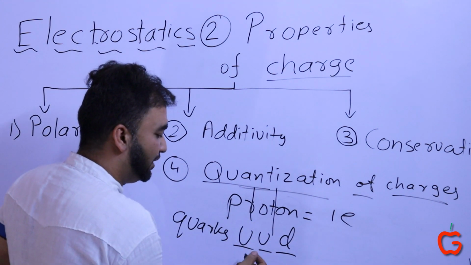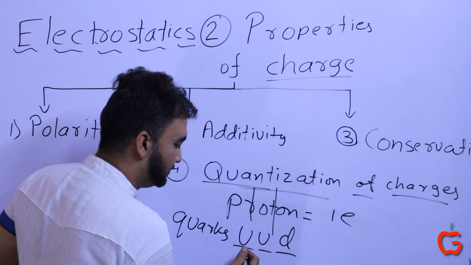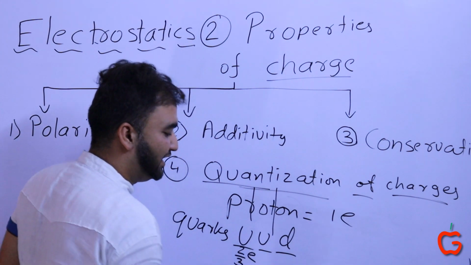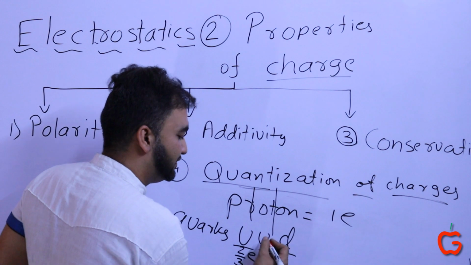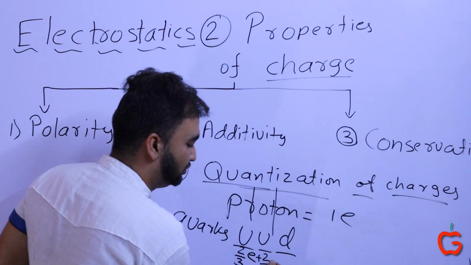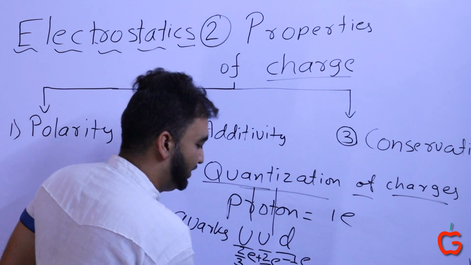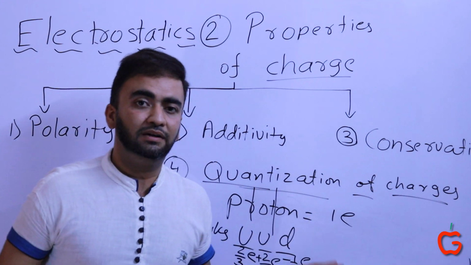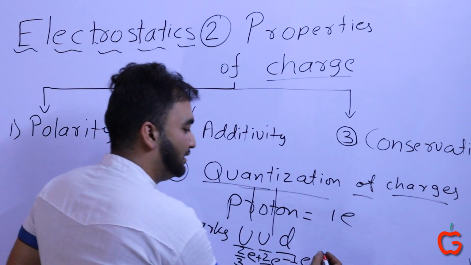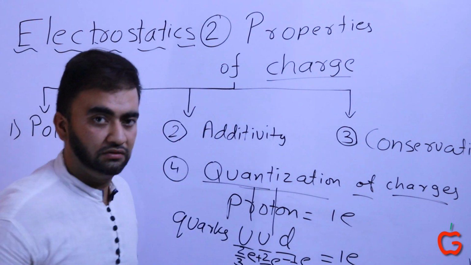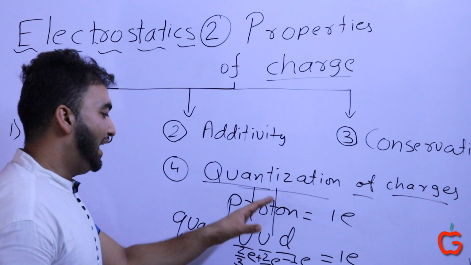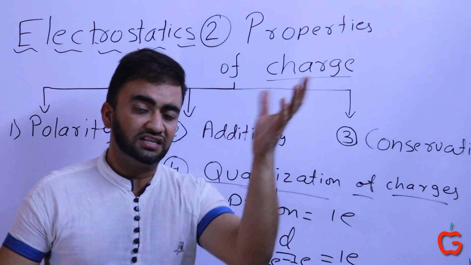The charge of an up quark is 2/3 of e. The charge of the second up quark, obviously again 2/3 of e. The charge of a down quark is minus 1/3 of e. So when you add these, plus 2 by 3, plus 2 by 3, minus 1 by 3, it comes to be 1e. So proton is 1e and all protons have 3 quarks.